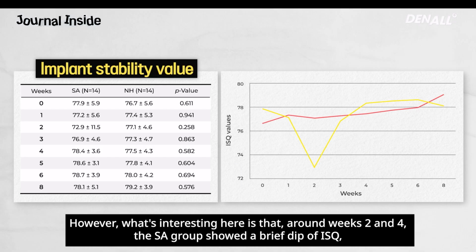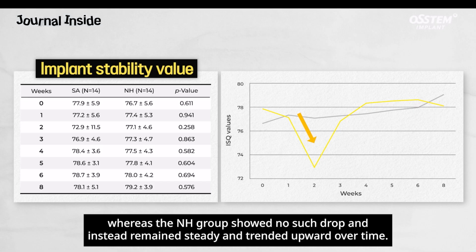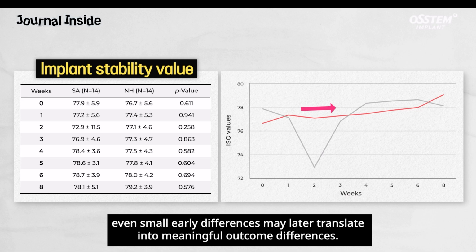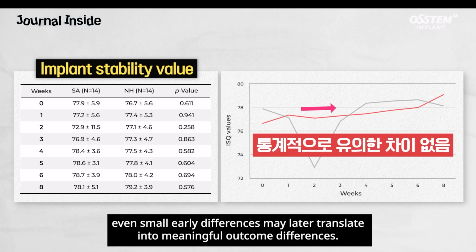However, what's interesting here is that around weeks 2 and 4, the SA group showed a brief dip of ISQ, whereas the NH group showed no such drop and instead remained steady and trended upward over time. Although the observed decline does not appear clinically significant, even small early differences may later translate into meaningful outcome differences.